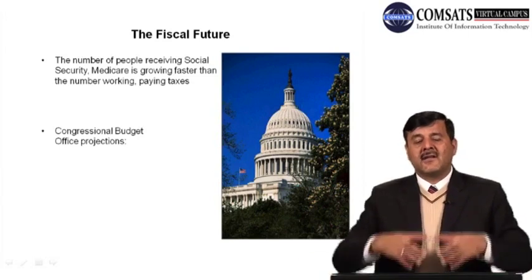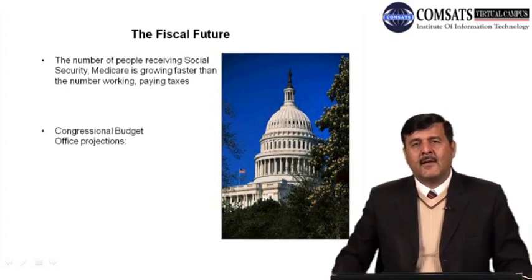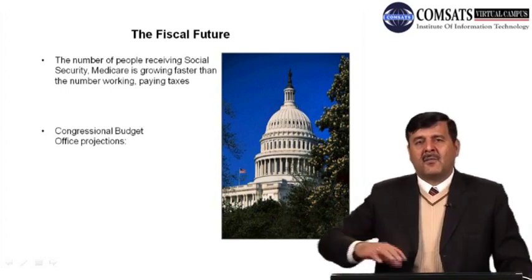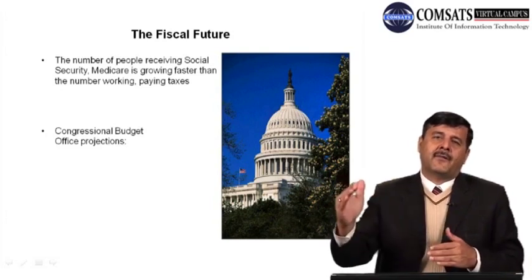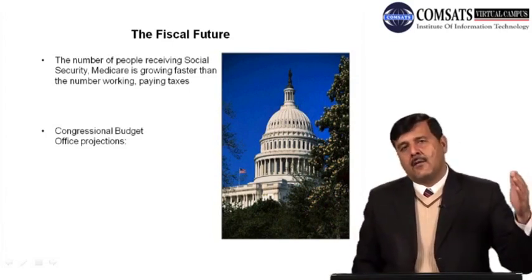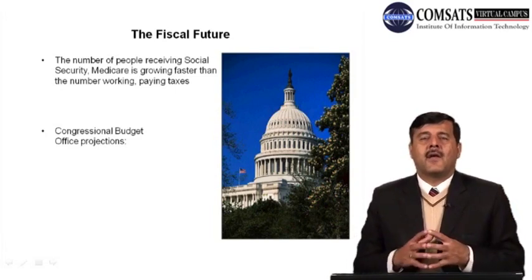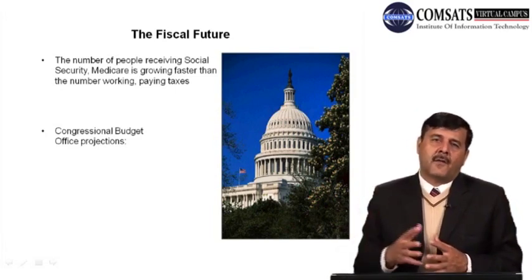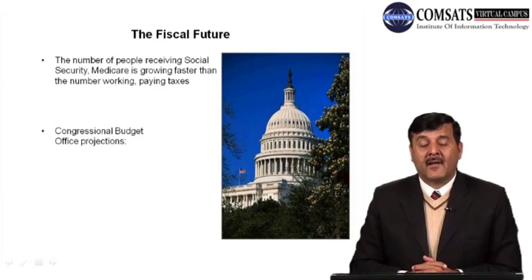Due to the increase in the number of people who receive social security and Medicare, जब उनमें इजाफा हुआ तो क्या हुआ? अखराजात में इजाफा हो गया. एक तरफ अखराजात में इजाफा हो गया US government के after 2001, दूसरी तरफ से जो tax cut हुआ, tax cut की वजह से income में कमी वाक़ई हुई. जब income में कमी हुई, अखराजात में इजाफा हुआ तो budget deficit हो गया, and that budget deficit leads to an increase in the debt-GDP ratio in the US economy.